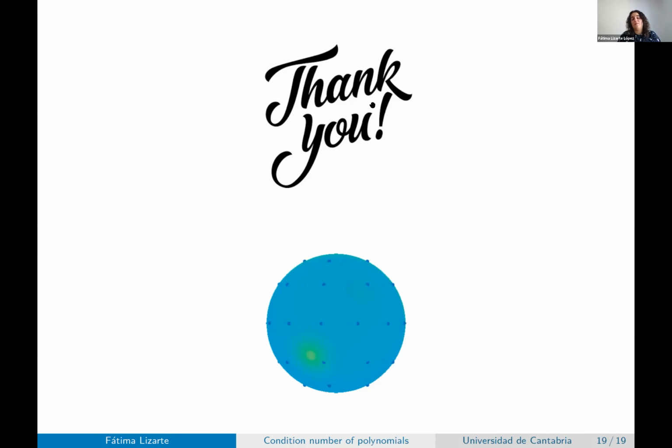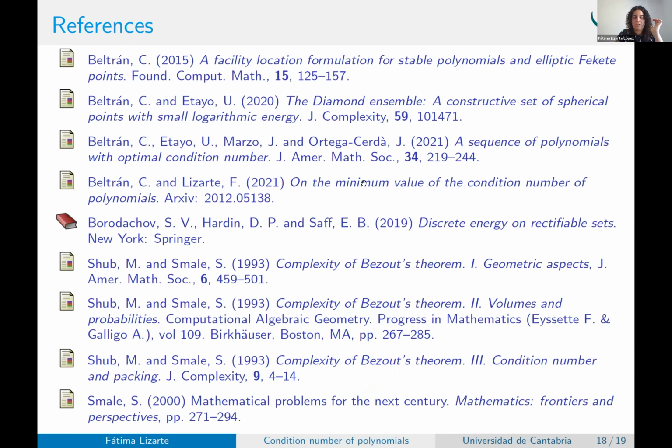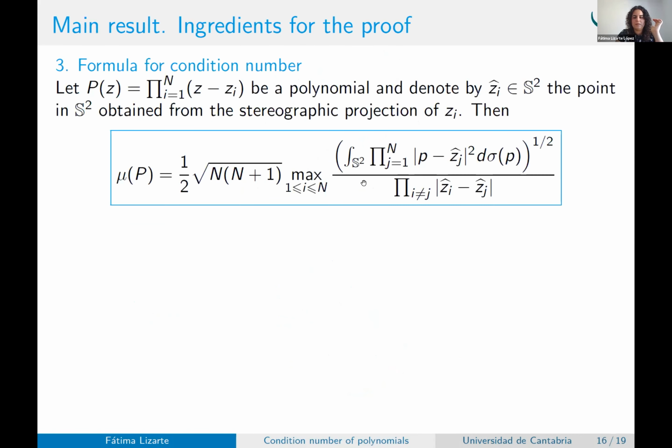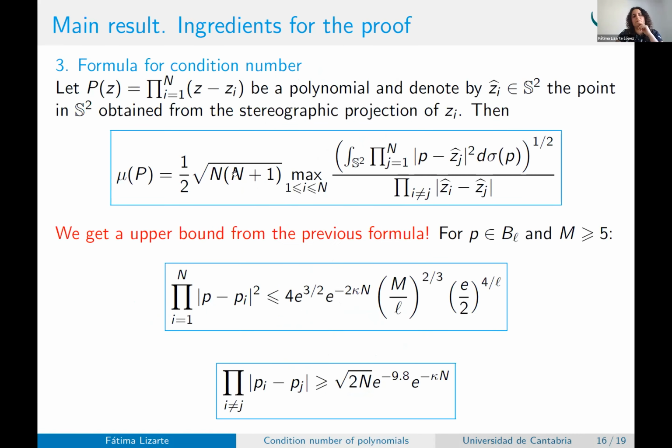Well, the diamond sum has two fundamental properties. It is made up of well-distributed and well-separated points. This is very important to get a small upper bound for this formula, because for the numerator we need well-distributed points, and for the denominator we need well-separated points.